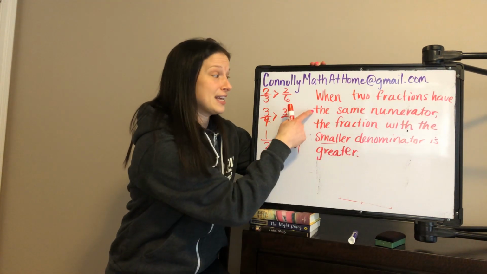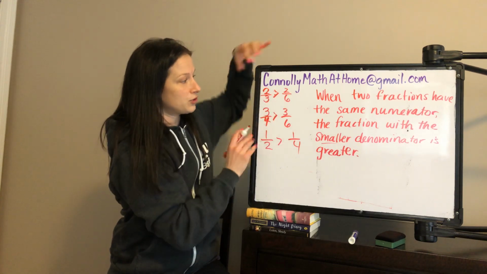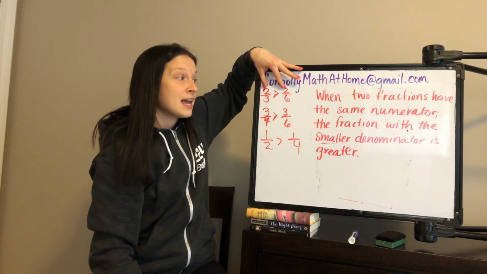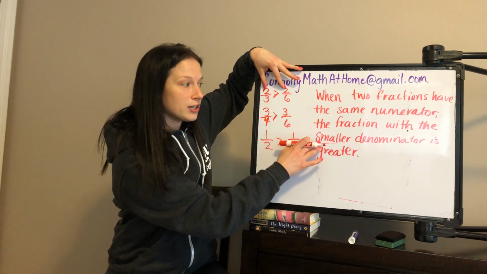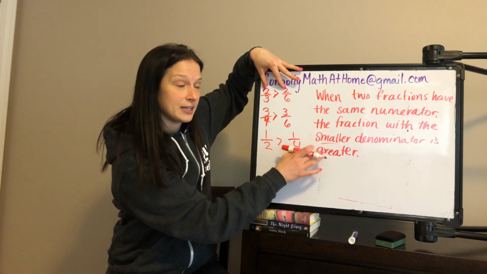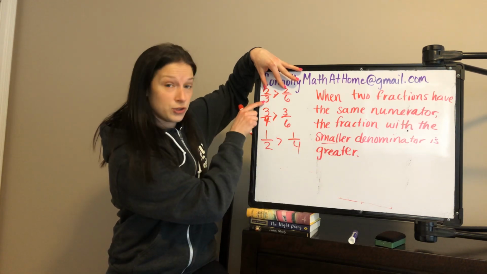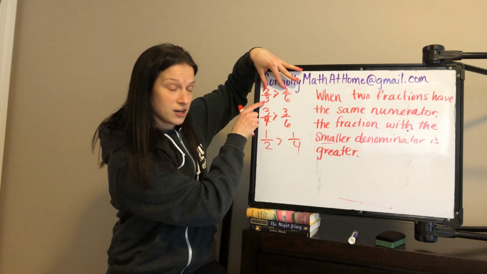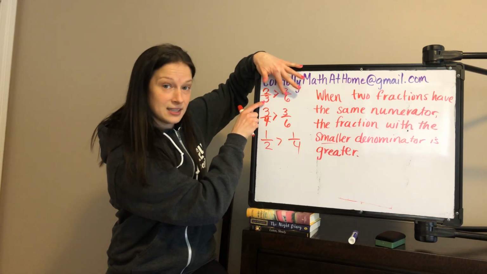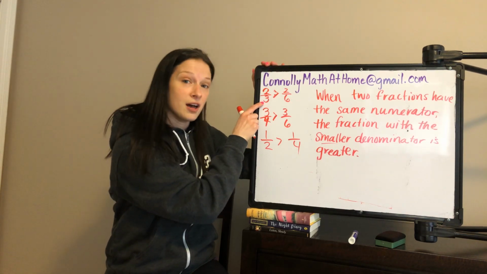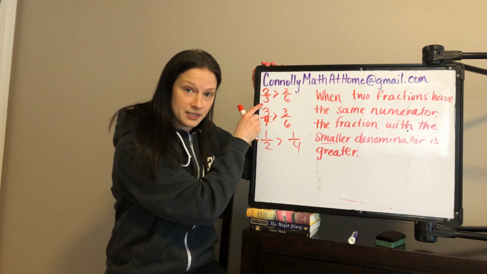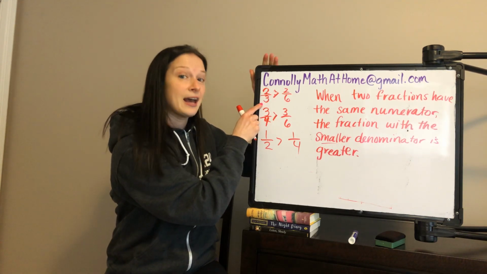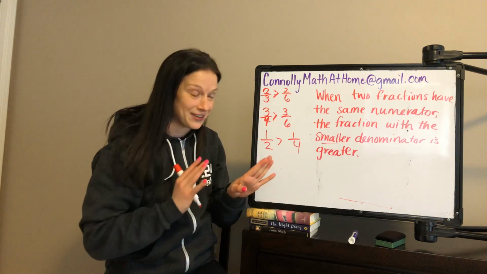When 2 fractions have the same numerator, 2/3 and 2/6, the fraction with the smaller denominator is greater. 2/3, the denominator is smaller than 6. This one is greater because thirds are bigger pieces. Okay? It feels weird because things feel opposite right now.